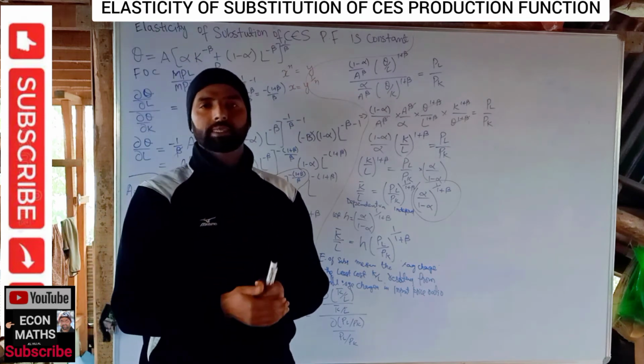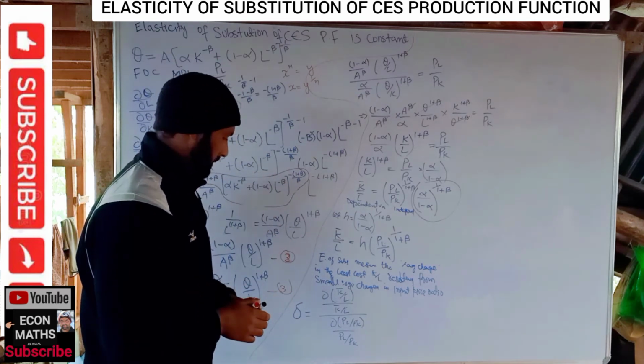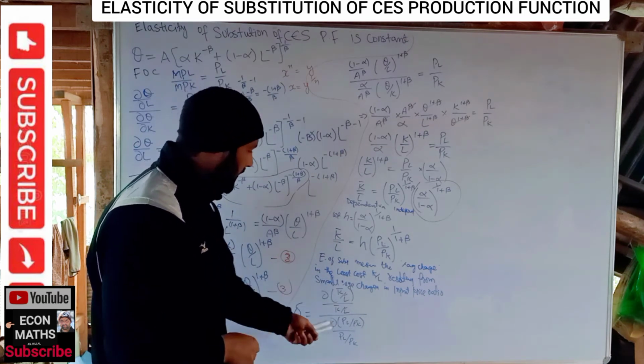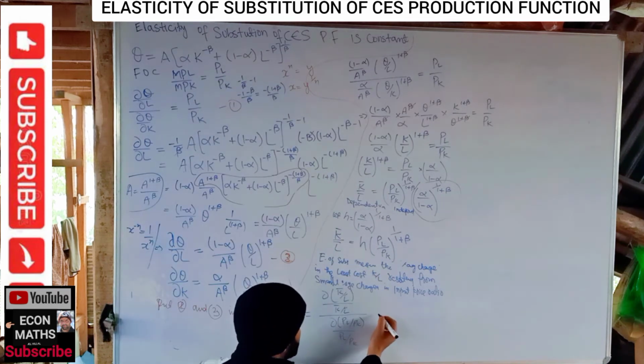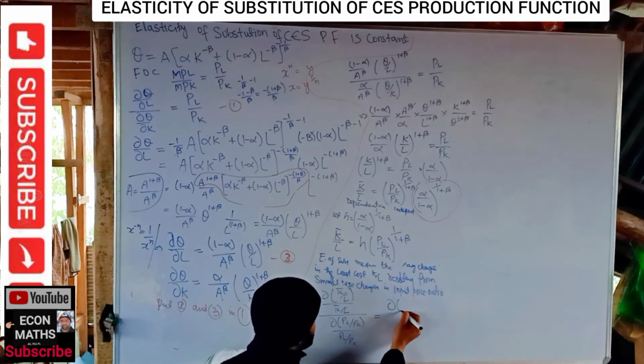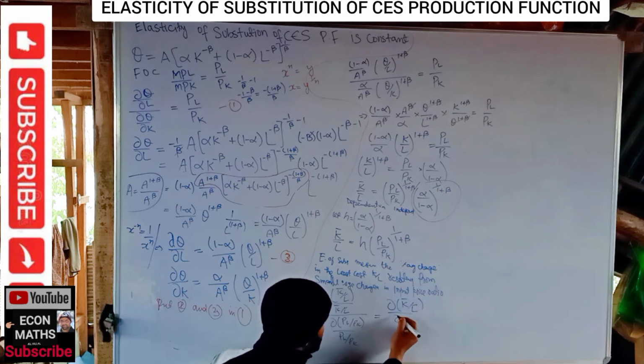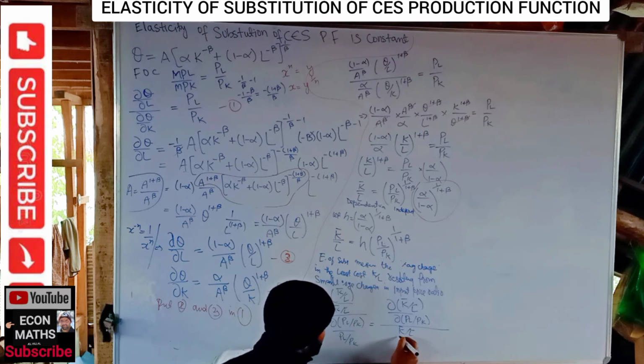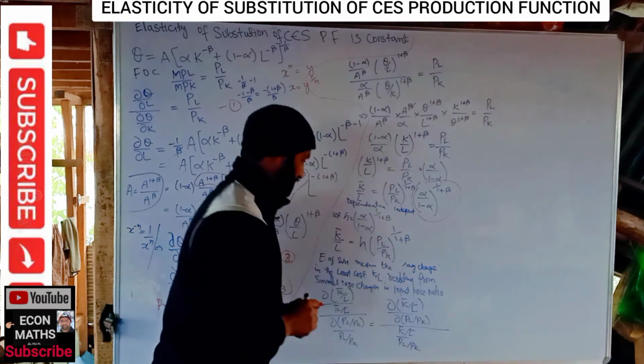This gives us the elasticity of substitution. Now we have to calculate this, or I can write it as del (K by L) divided by del (PL divided by PK) whole divided by K by L divided by PL divided by PK. I can write it as either.